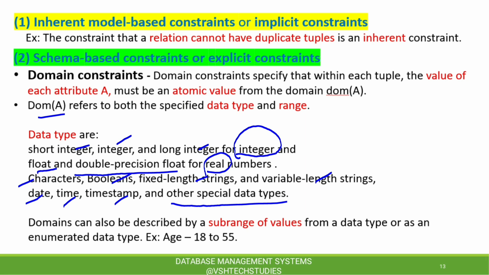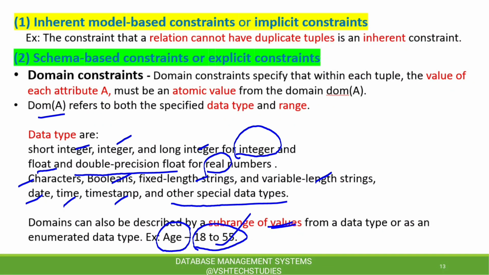So domain also can be described by a sub-range, like how we had mentioned for salary from 15,000 to 90,000. Another example, if you consider the age attribute in any relation, there the range can be specified as 18 to 55. Then the value that the user can fill for the age attribute in any tuple in any relation must be within this range.